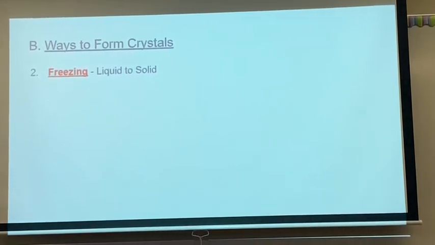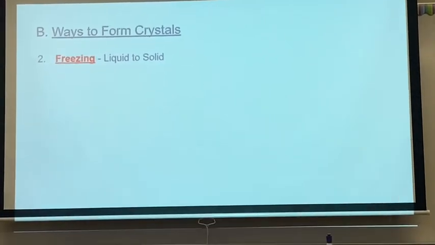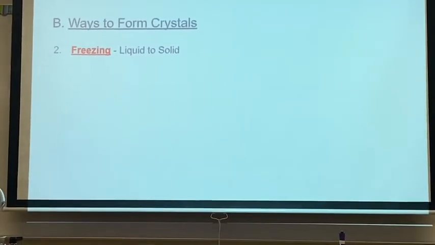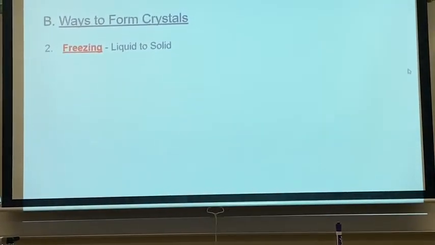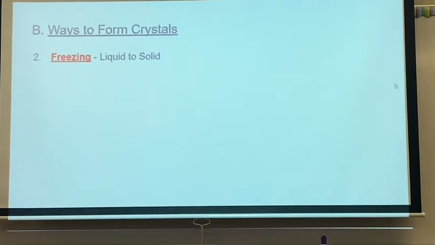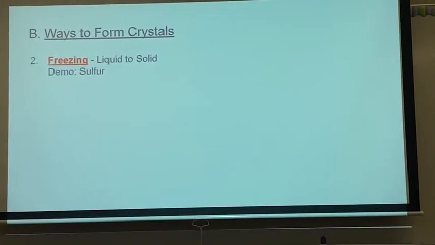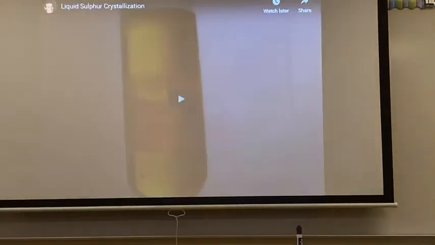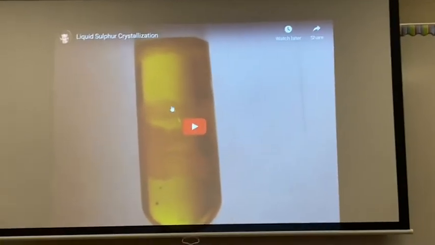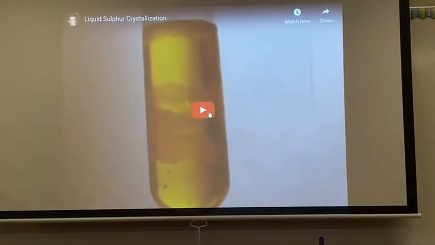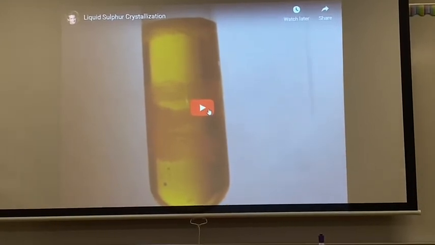So I have a video, and normally I do this with you guys, but sulfur is normally a solid at room temperature, but we can get it to liquefy pretty easily. And once it goes back to a solid, you can really see some pretty cool crystal structures forming. So this is sulfur that has already been heated, and it's in a liquid state at this point. And I think I just clicked out of it.